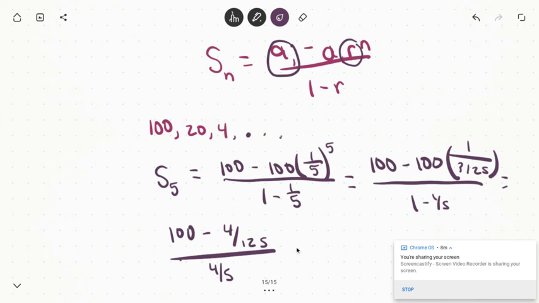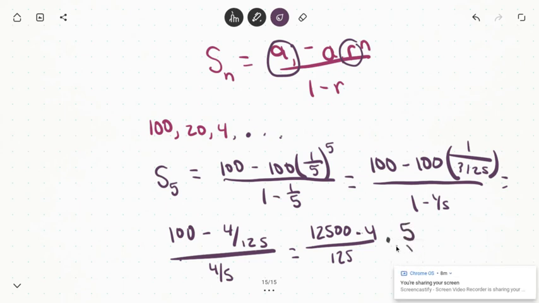And then I can find a common denominator here and simplify on the top. So I would have 100 minus 4 over 125. And then I'm just going to take this fraction and I'm going to flip it. So this is going to be 5 over 4.